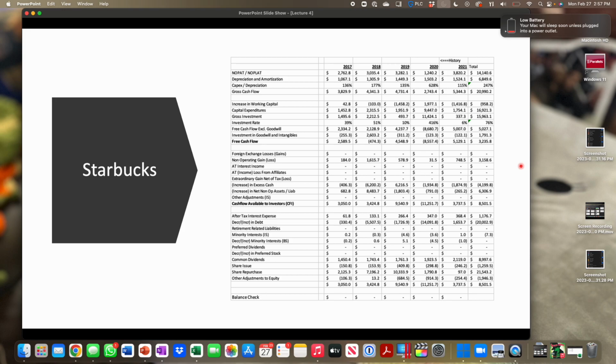Okay, so let's look at Starbucks. What happened in 2021? What is the ratio of CapEx to depreciation? It's 115%, right? It means you're spending slightly more than the depreciation. What about 2020? 600%. So it looks like in 2020, they expected to expand a lot.